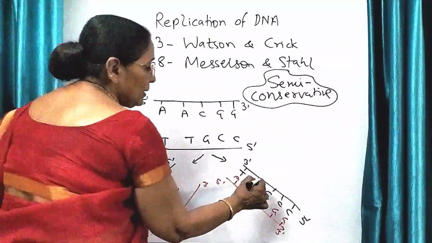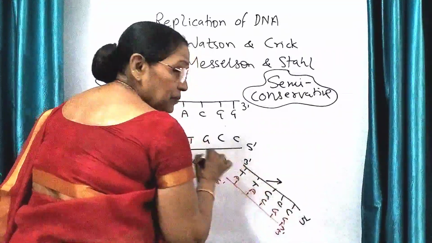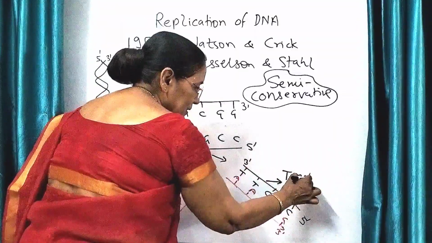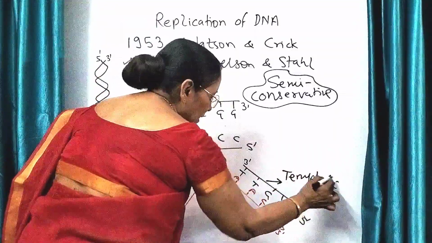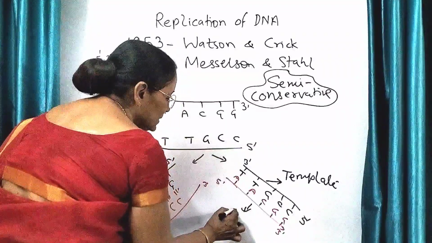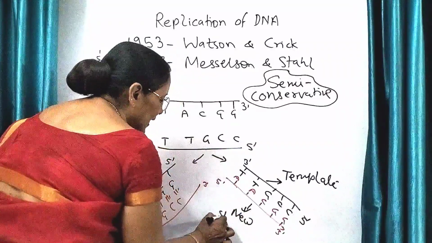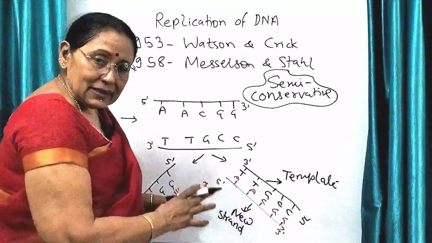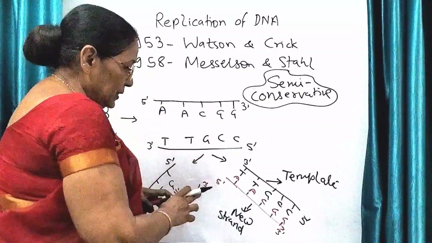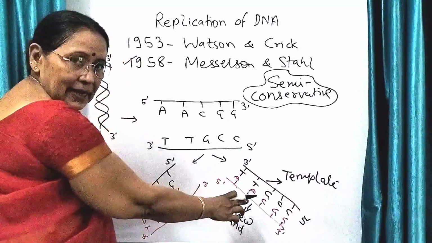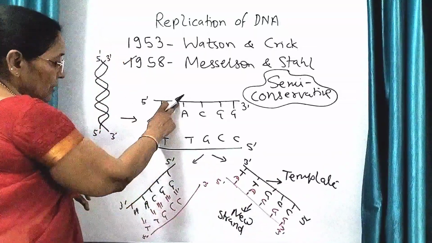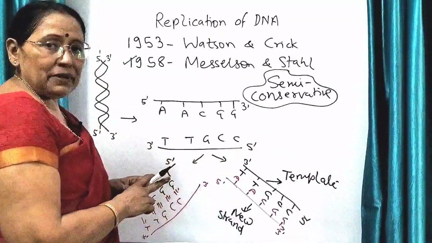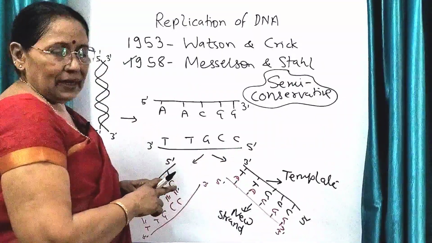A parental strand on which the new strand is formed is called the template strand. This is the template strand, and this is the newly formed strand. This type of replication, where of the two daughter DNAs each one has one strand of the parental one, is called semi-conservative replication.